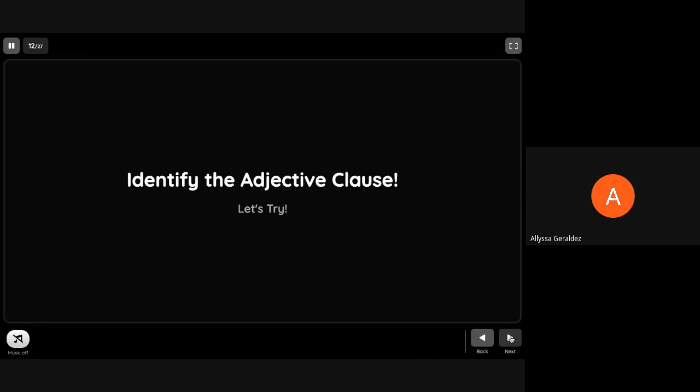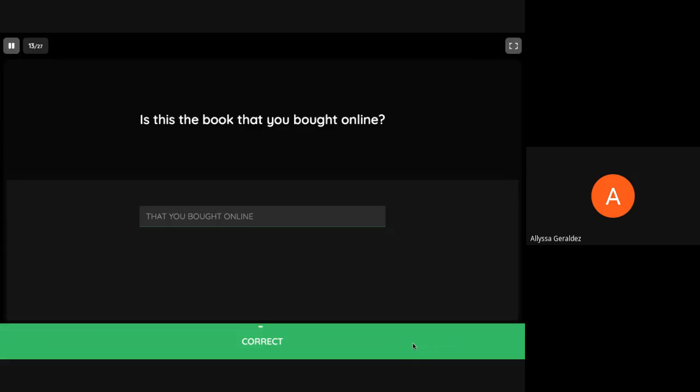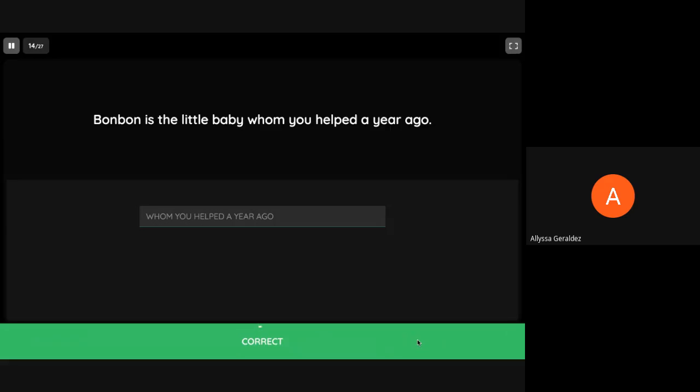Now let's identify the adjective clause. Let's try. Is this the book that you bought online? Correct. Next, Bon Bon is a little baby whom you helped a year ago. Correct.